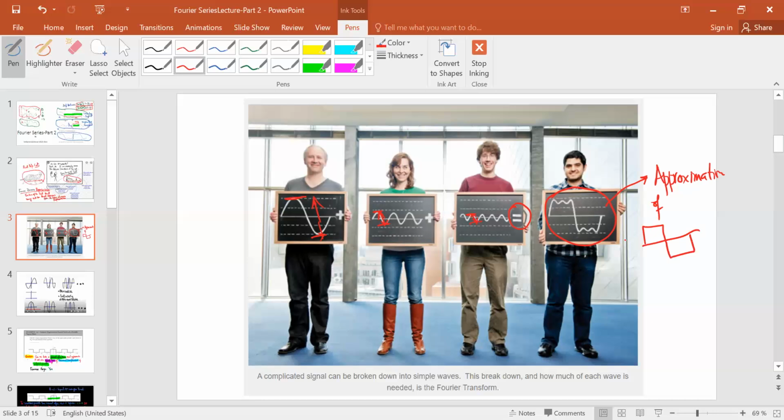But you should keep in mind that this approximation will get better and better. It means all these ripples that you see, and Gibbs phenomena at the edges, will all subside as you add more and more components. Although the Gibbs phenomenon is a really subtle phenomenon, it never goes out completely.